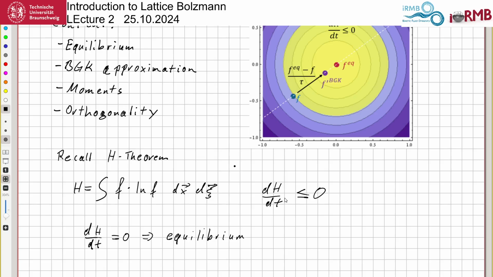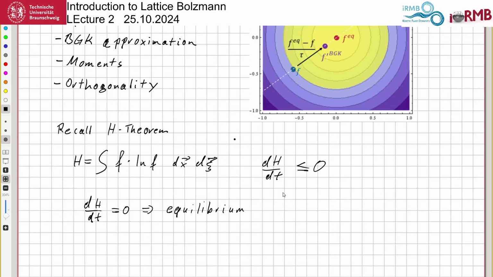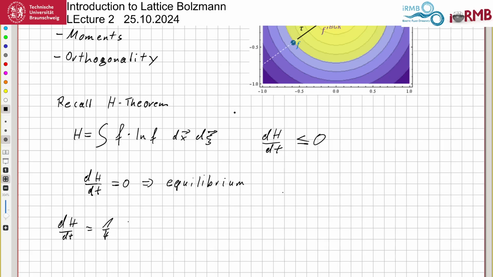Okay, so how does this equilibrium look like? We know that d ether by dt is, as we derived in the last lecture, a collision kernel B, where we have the size of the particles and such inside.